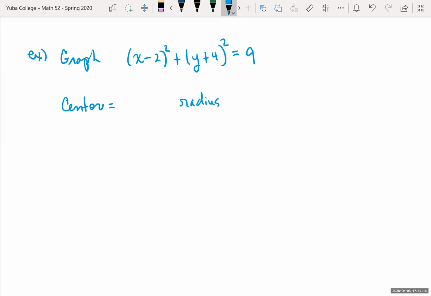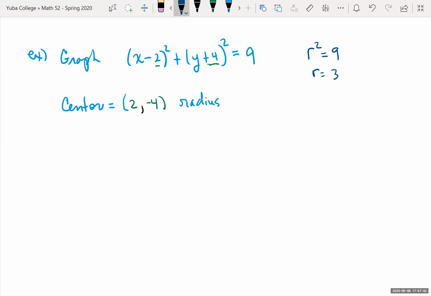Okay, so our center here, again, opposite sign. So our h value is just 2, and our k value is its opposite, so -4. Our radius, well, r squared is 9, so the radius is 3.